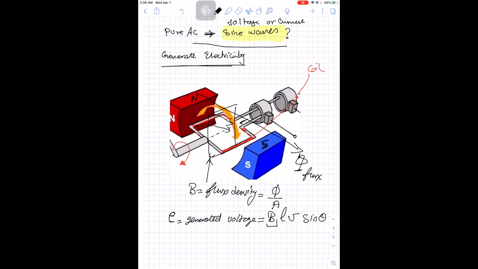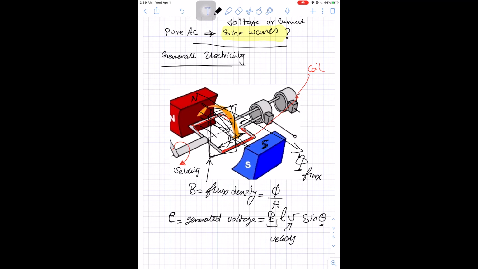B is the flux density, which is how many flux lines you receive from the magnet per square area. L is the length of the coil, the length of the wire you have. V is the velocity at which you are rotating this coil, while theta is the angle between the coil plane and your magnet.